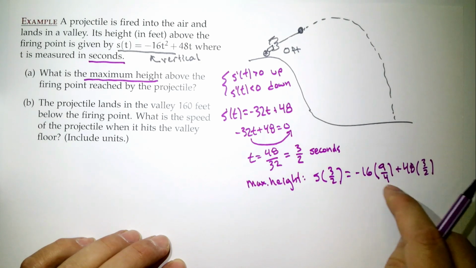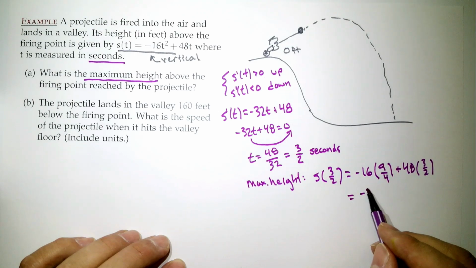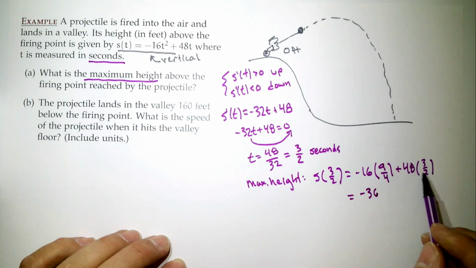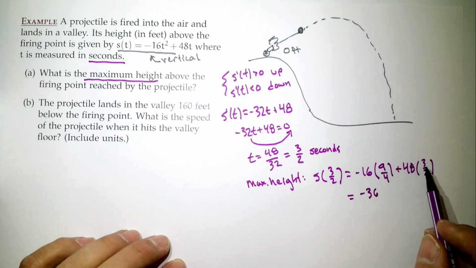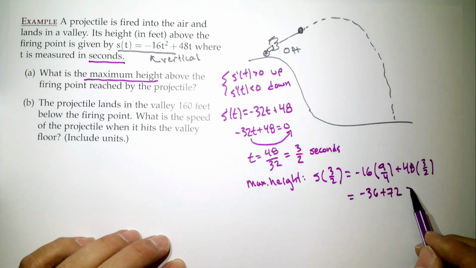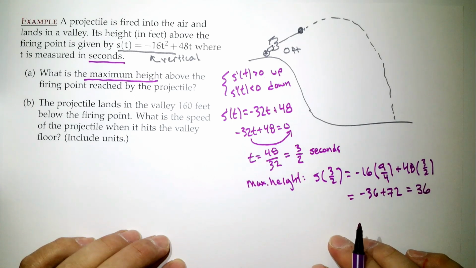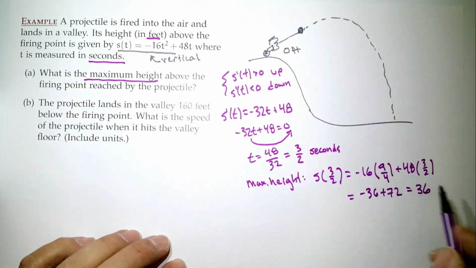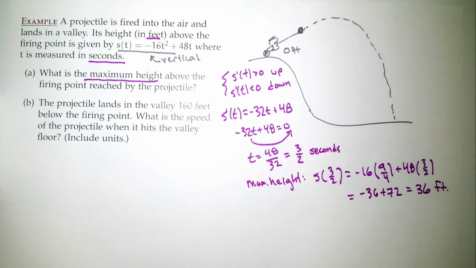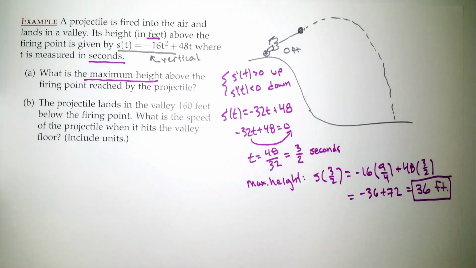So 4 goes into 16 4 times. 4 times 9 is 36. 2 goes into 48 24 times, 3 makes 72. 72 minus 36, that's 36. 36 what, by the way? Feet. All right. Now, is that the answer for part A? Yeah, that is. Now, in case you're wondering, how do you do it without calculus?